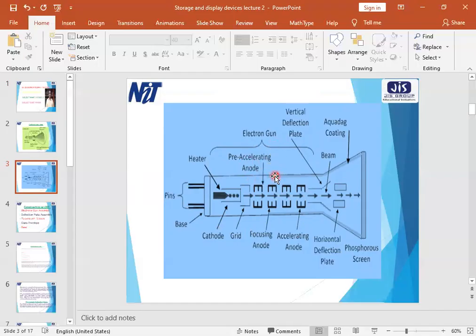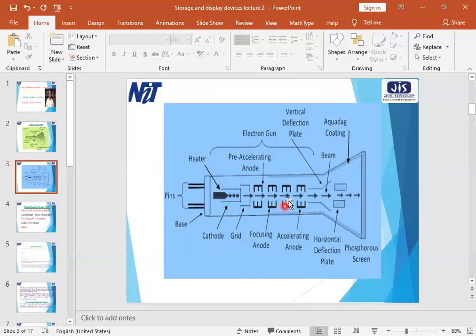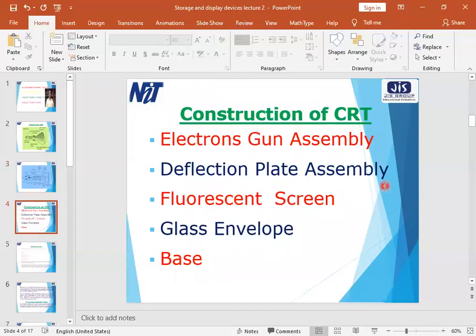Another part of this CRT is the base, on which the whole apparatus is mounted. So I have listed all the different parts: electron gun assembly, and deflection plate assembly. Why is it called an assembly? Because two types of deflection plates are there: vertical deflection plate and horizontal deflection plate. Then the fluorescent screen.